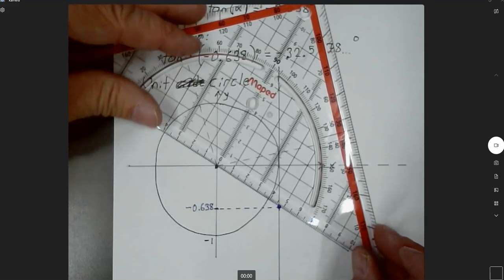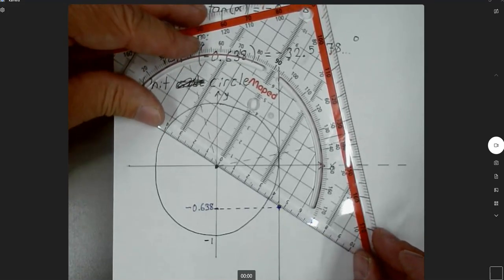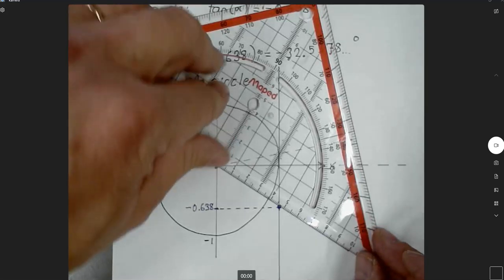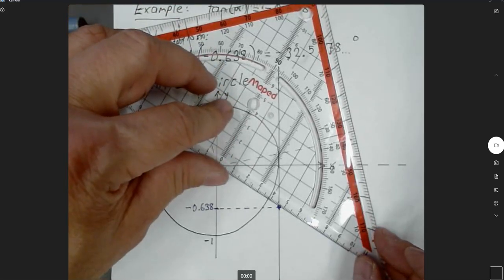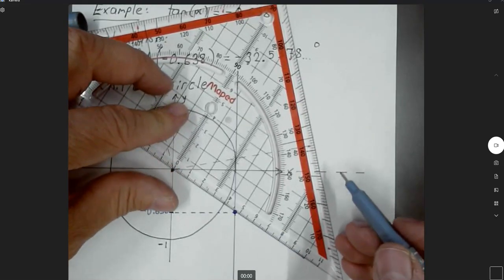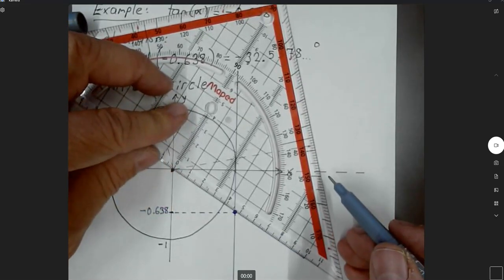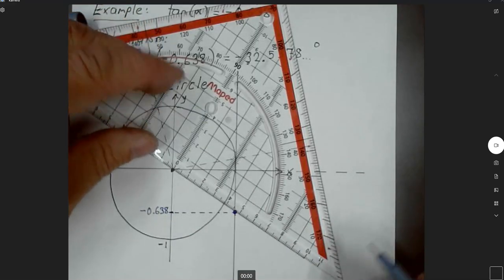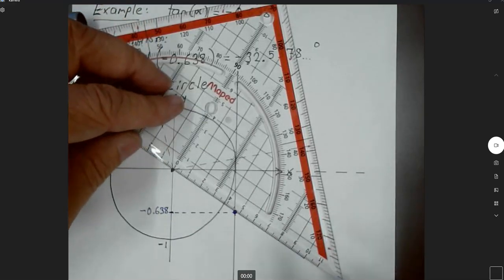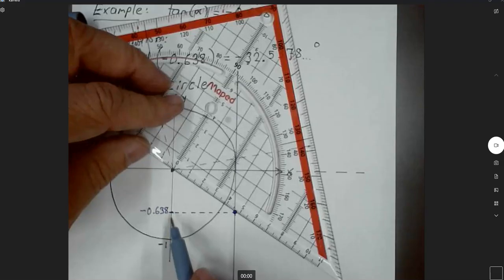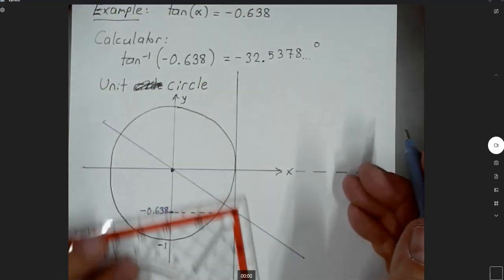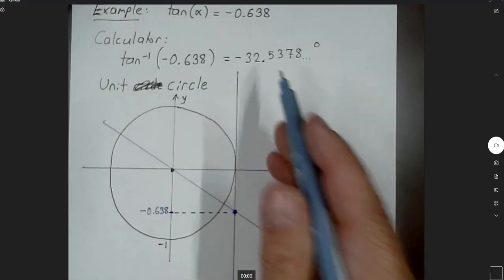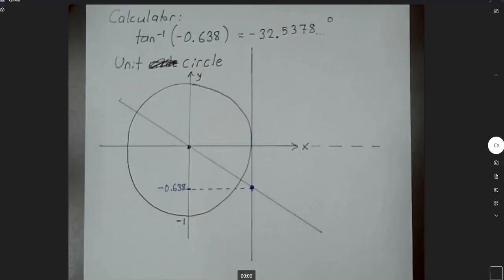There, so we can check the angle. This usually doesn't happen, this kind of thing, because now I draw this circle there and approximate the place of this 0.638, and now I can see that the angle there is about 32 degrees, and it is very near that value, which is the exact value.